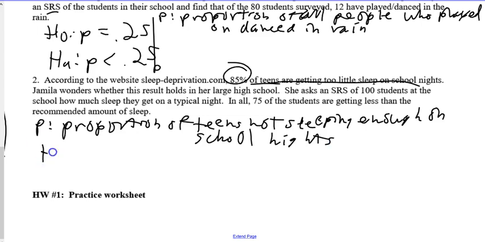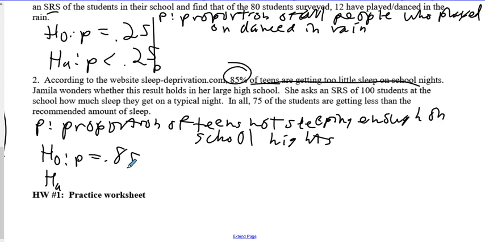So, the H-O and the H-A. The H-O, the guy is claiming 85%, because remember, the H-O is always equal to a decimal. So, H-O equals 0.85. Now, this one's a little bit different. Jamila, the friend, asked 100 people, and she's just trying to prove if it's right or wrong.